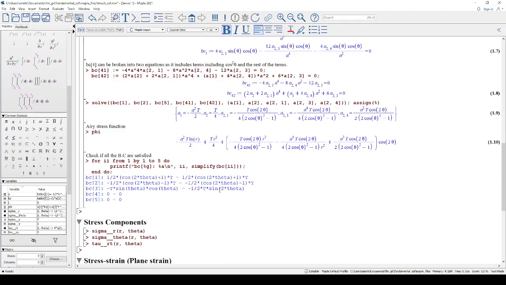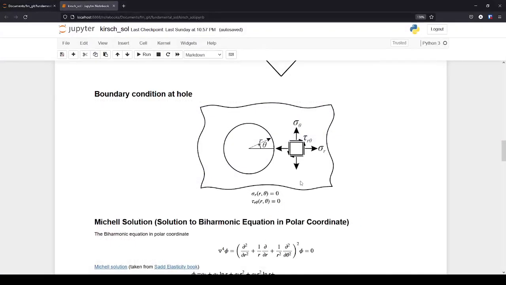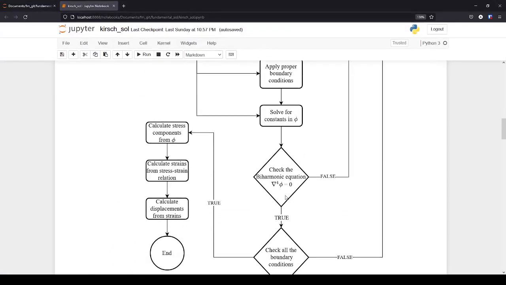This is sine 2 theta, so this becomes 2 sine theta cosine theta. These two cancel out each other, so this is also equal to this. So we can say that the biharmonic equation is satisfied, and also our boundary conditions are satisfied.